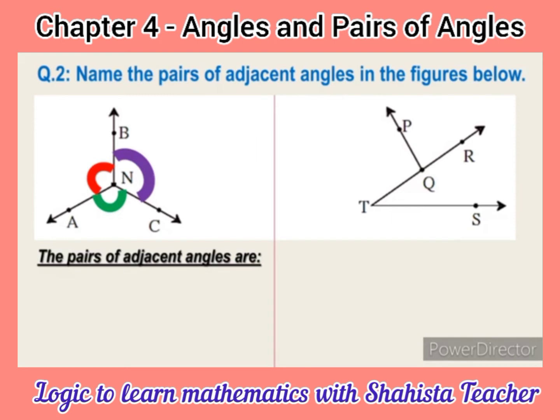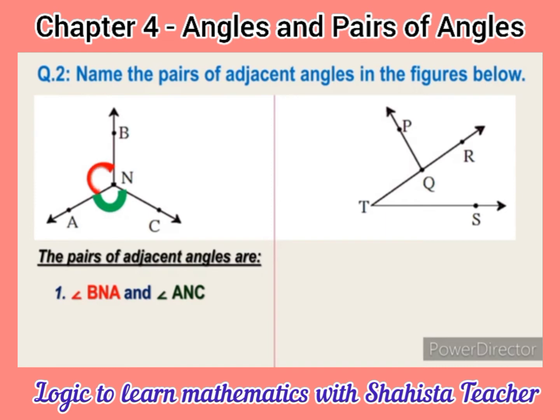Yes. So we will write like this here, angle A and B, angle A and C, and lastly C and B. Okay, so here first we will write like this, angle B and A and angle A and C. Is that clear?